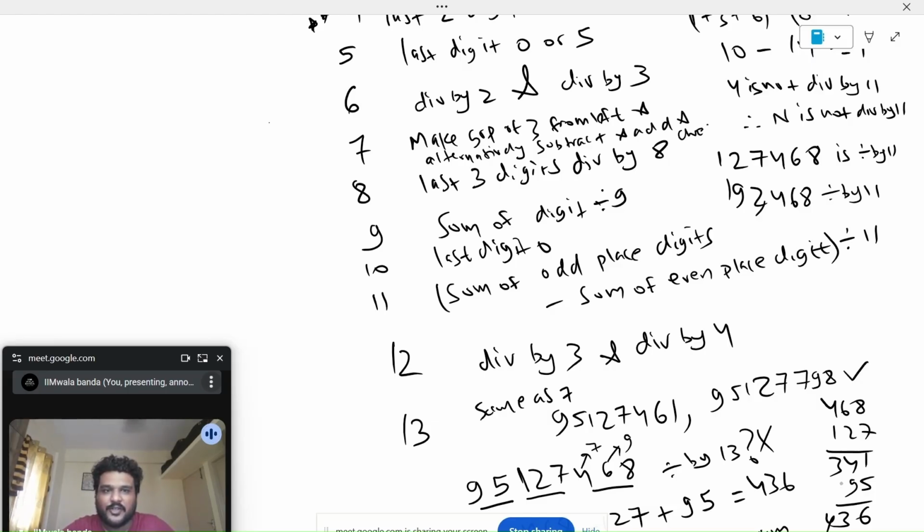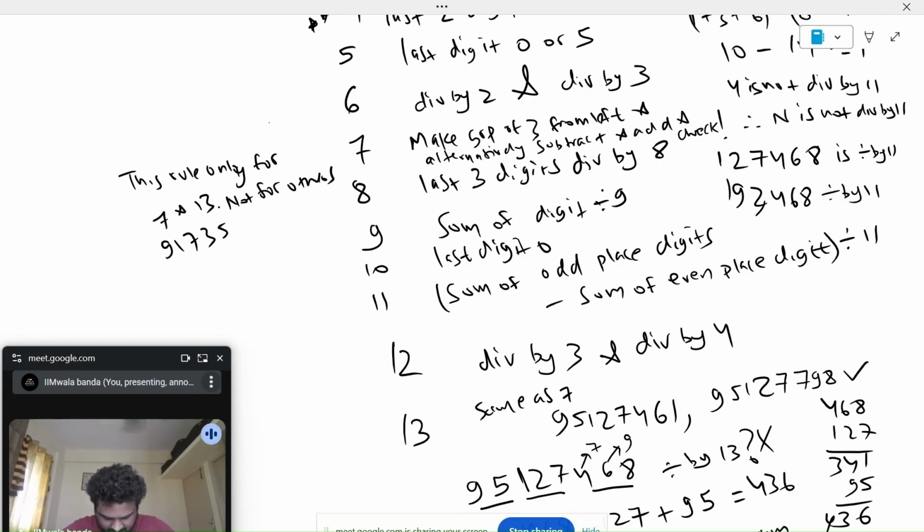That's why I always show it with example. Language can always be confusing. In your notes, write this example. So this won't work with 17. So this rule is only for 7 and 13, not for others. For example, if I tell you to check 9173572 if it is divisible by 17.